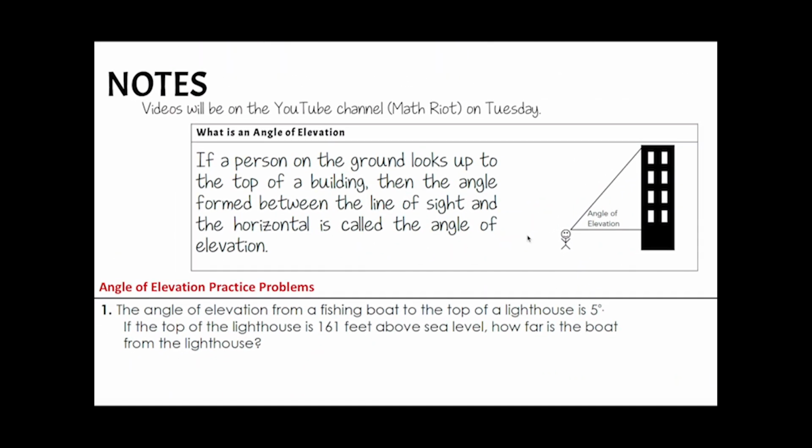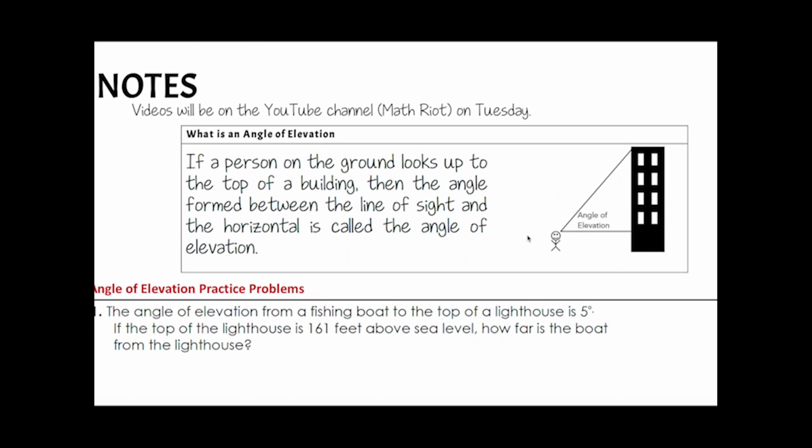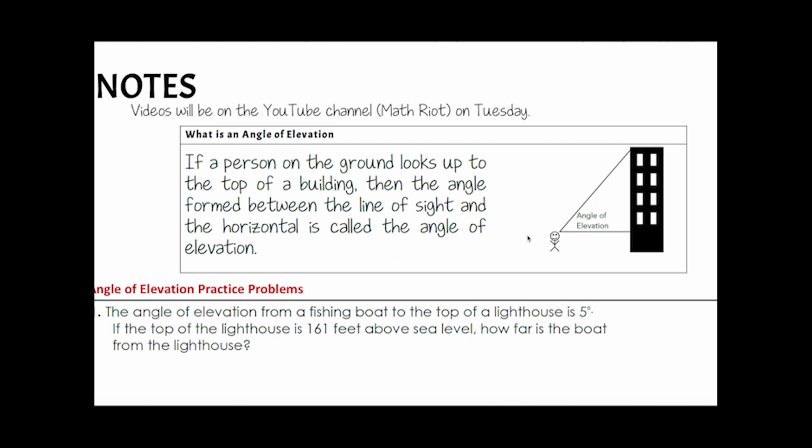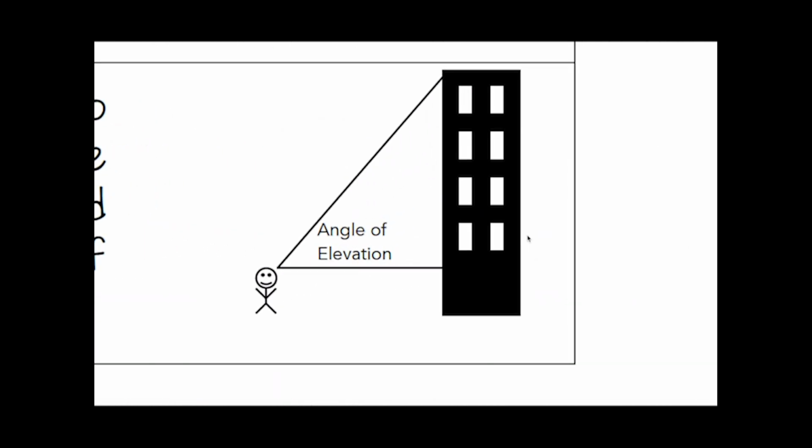So let's look at what an angle of elevation is. If you look here, a person is looking from the ground up at a building, and you have two lines. The first line is from their eyes to the object, and that's called the horizontal. It goes straight toward the building. And then you're looking at the top, so your eyeballs look towards the top of whatever you're measuring.